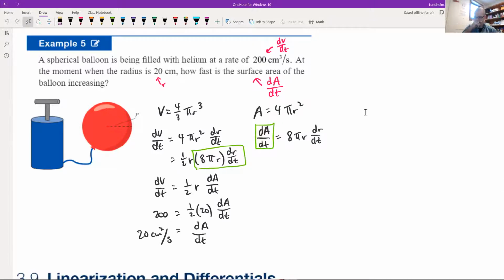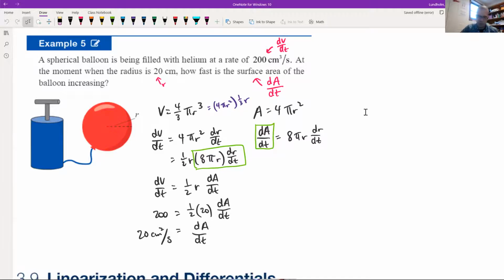So if I wanted to make V look like A, I could zoom in there and rewrite this as 4 pi r squared, but that would leave a 1/3 and an r hanging out over there.